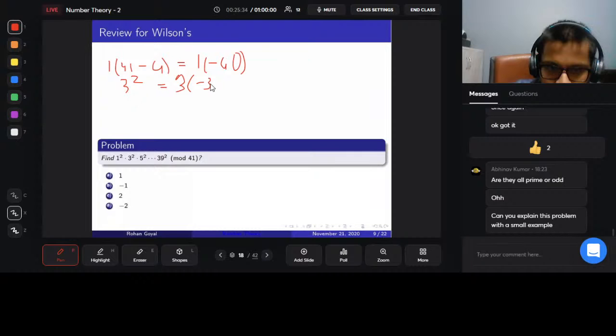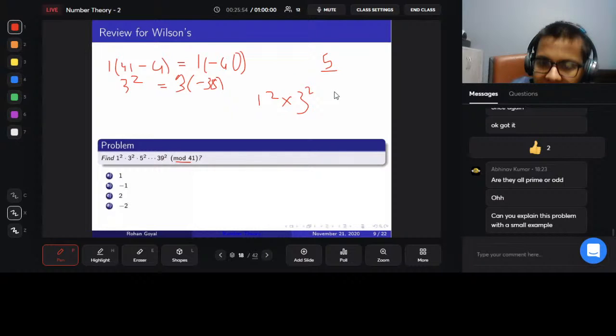Okay, I see that some of you didn't even understand the problem. Mod 41, instead of that, let's try with 5. So for 5, we have 1 squared into 3 squared. We have to find this mod 5. That gives us 9 is congruent to minus 1. For 7, we'll have something different. We'll have 1 squared into 3 squared into 5 squared.